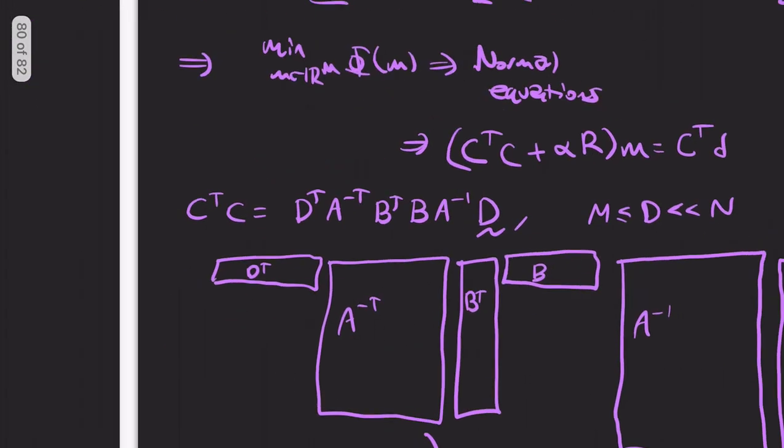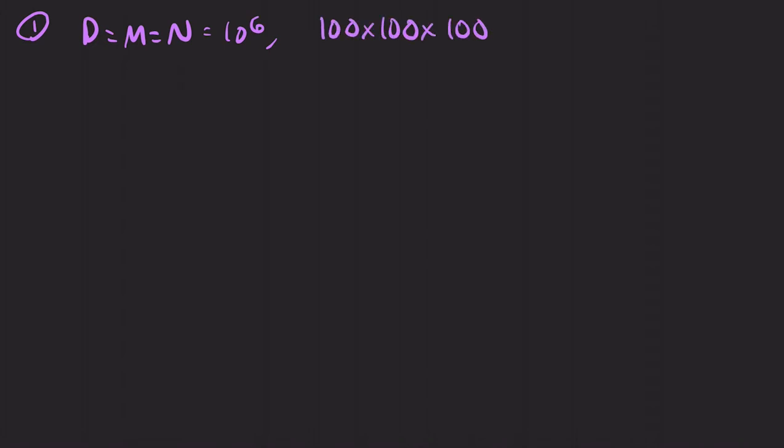So let's consider, for simplicity, that we want to solve a 3D inverse problem. We have a 100 by 100 by 100 grid, which honestly is quite small in general. And let's assume that a forward solve takes 1 second.